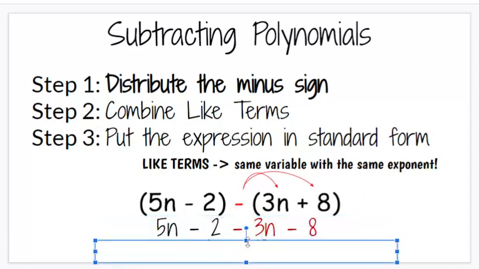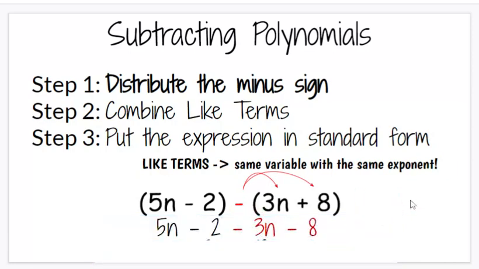So if we distribute the minus sign, I made everybody red that was distributed by that minus sign. Negative 5n and minus 2 stayed the same. There was nothing to touch here. However, when I distribute that negative 1, that secret little 1 that's here, negative 1 times 3n is a minus 3n, and negative 1 times 8 is minus 8.